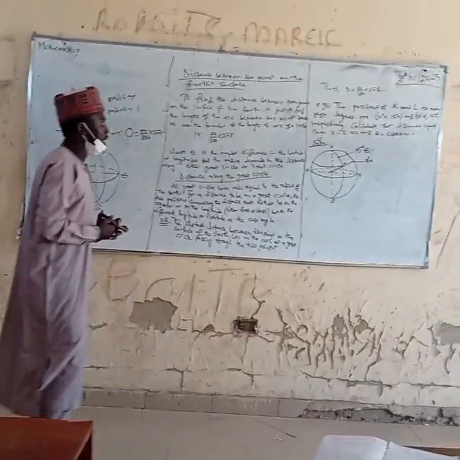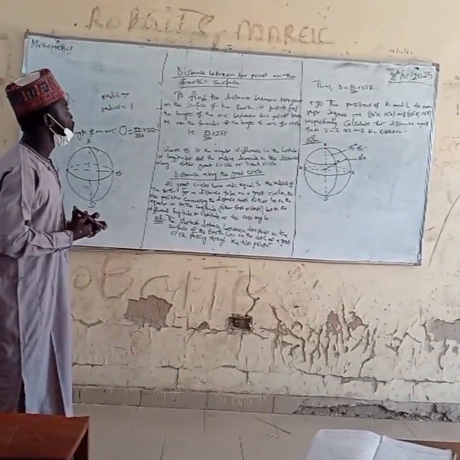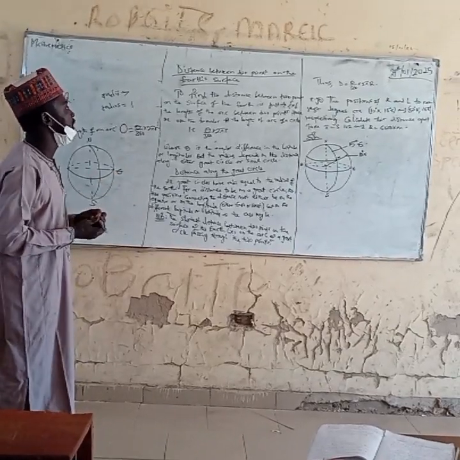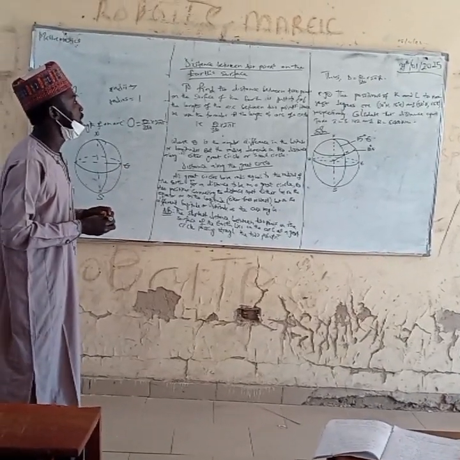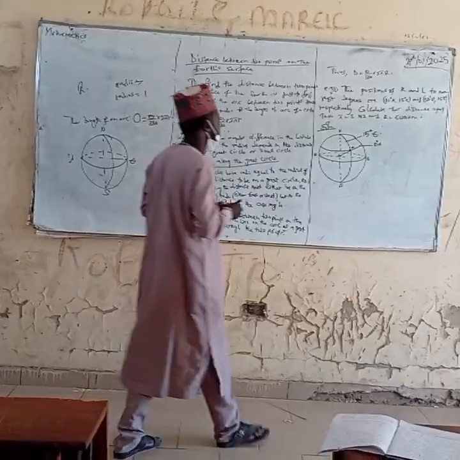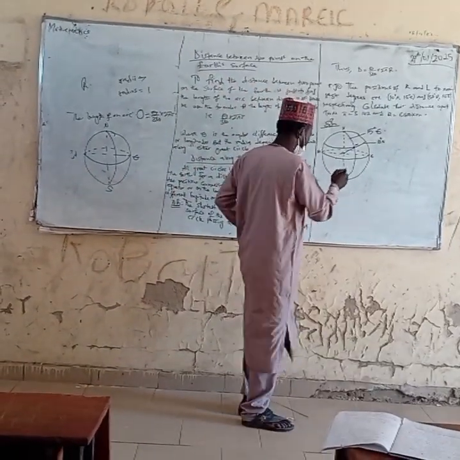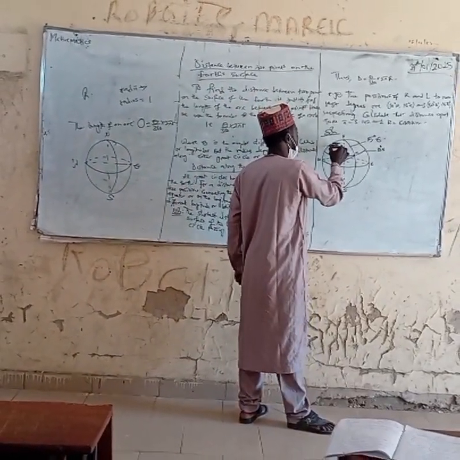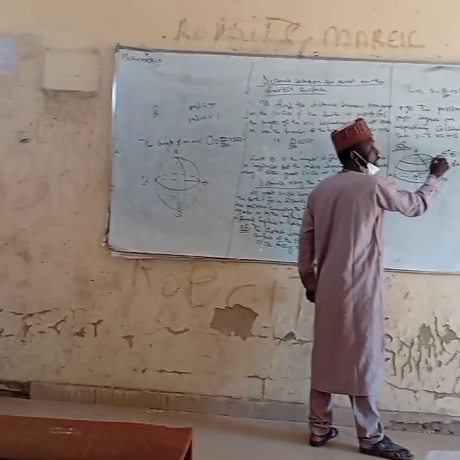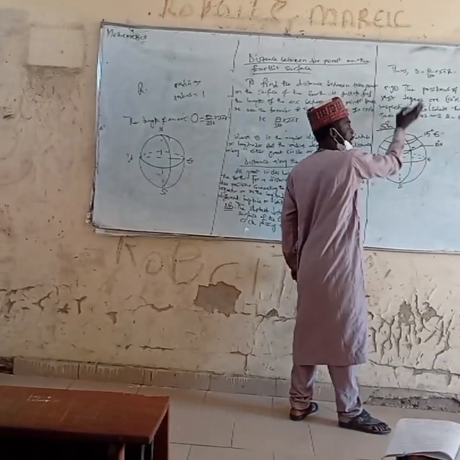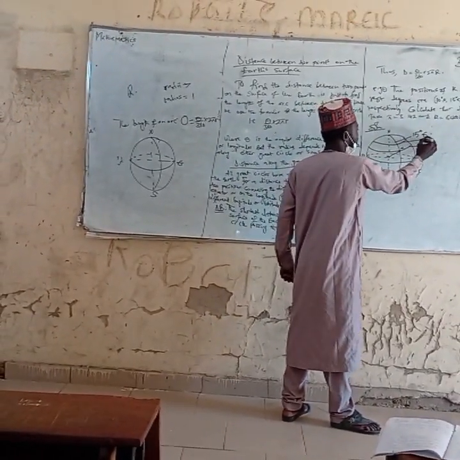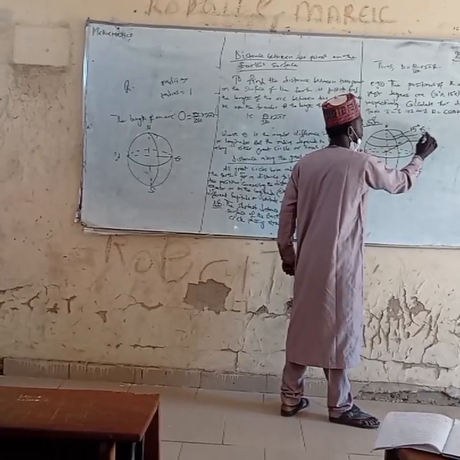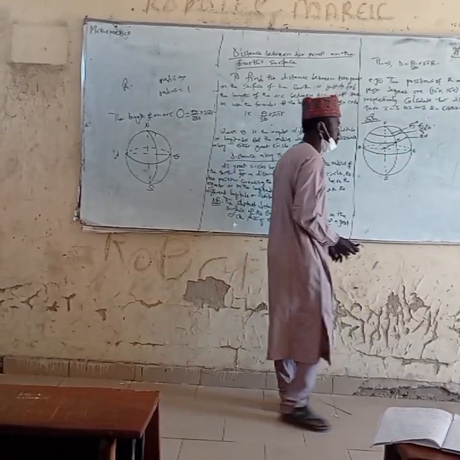The second point is L, which is 50 degrees north. Let's assume here is 50 degrees north. We take this one, 50 degrees north.